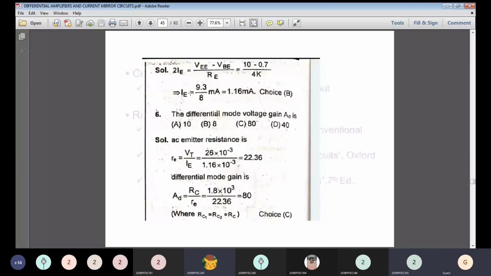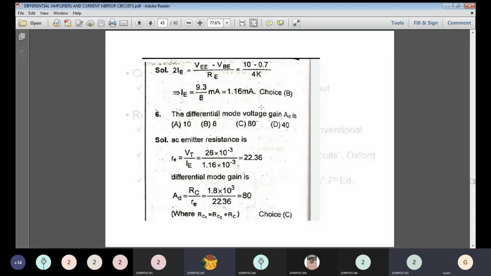26 into 10 power minus 3, and the IE value, from the previous step we got 1.16 milliamps, you are substituting. Okay, the differential mode gain AD. We can use two sets of formula. One is with respect to voltage: AD is nothing but output voltage divided by input voltage.